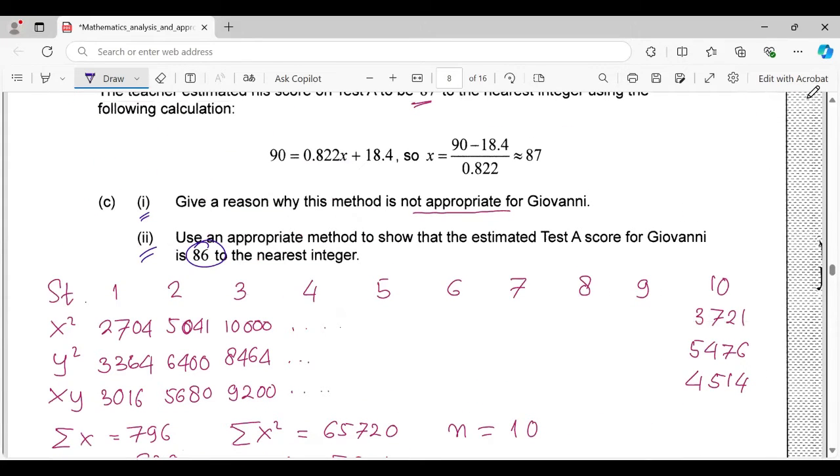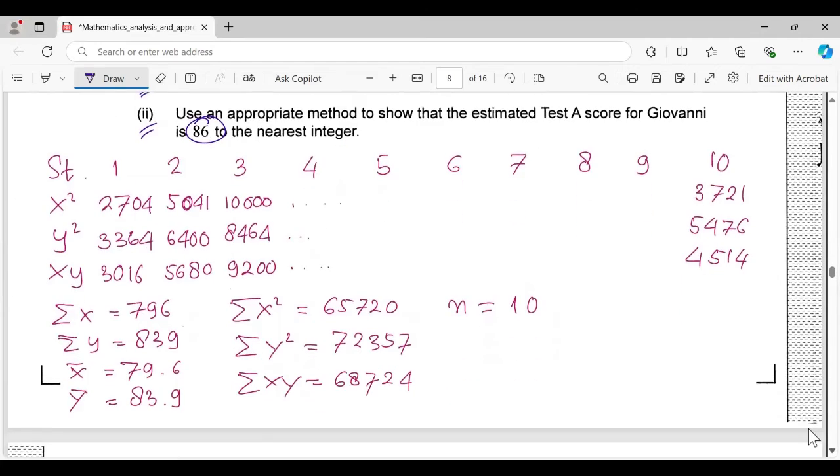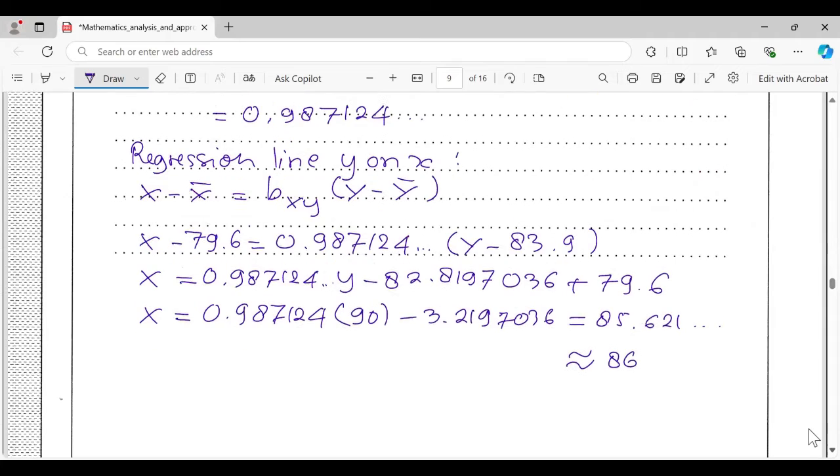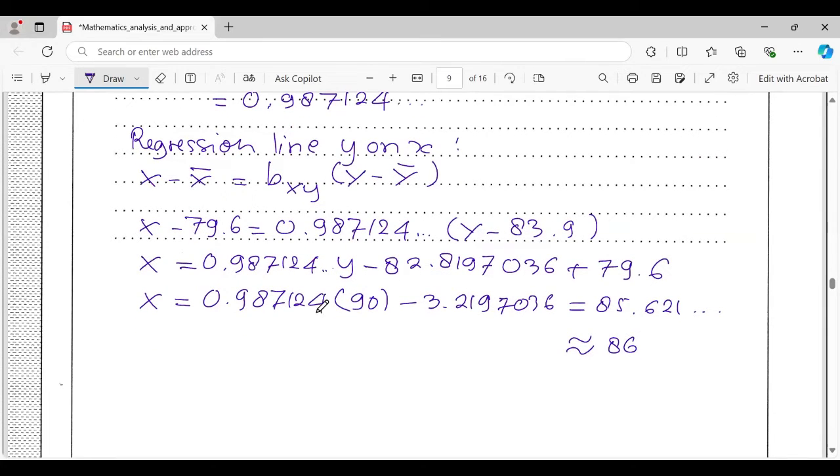Like this. So look at that, we can find 86 based on the appropriate method.